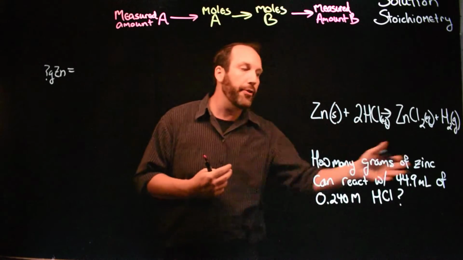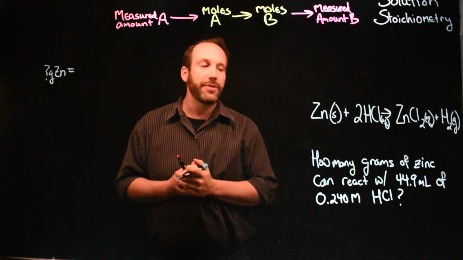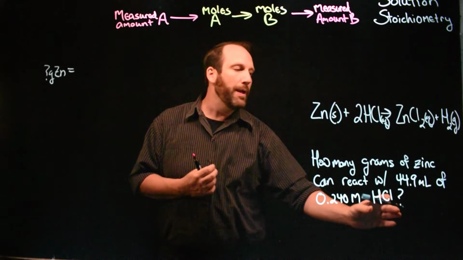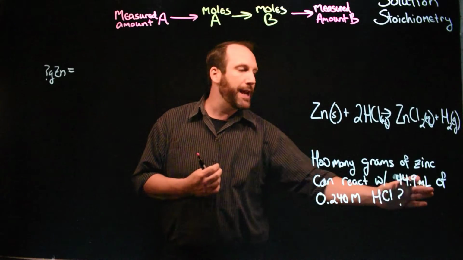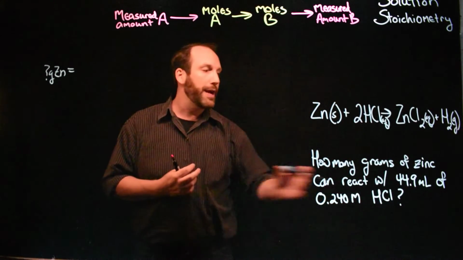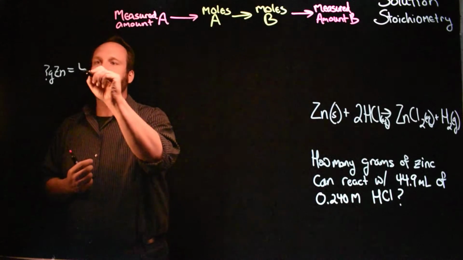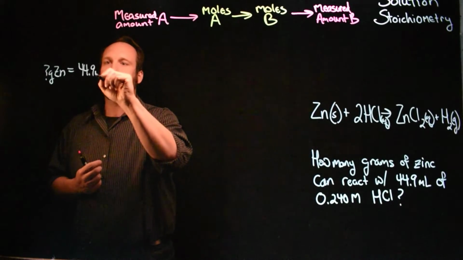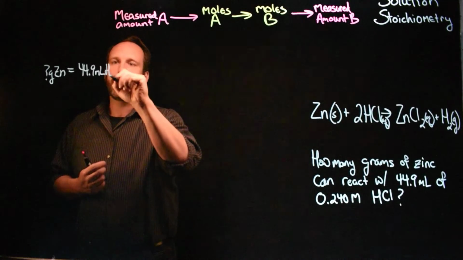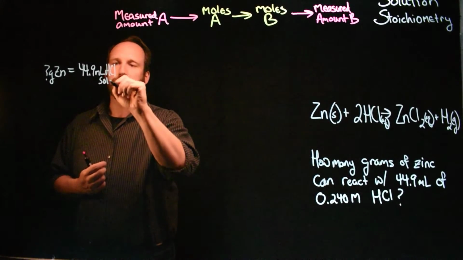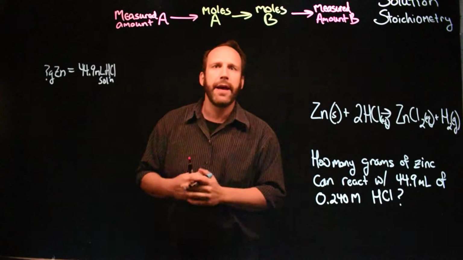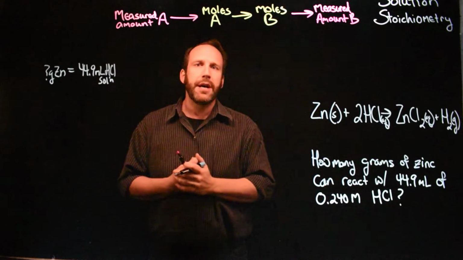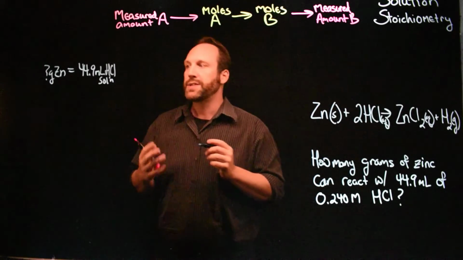Well, A is the other chemical in this problem, so it's HCl. The measured amount of HCl is a volume of HCl, right? So it's 44.9 milliliters of HCl solution. These problems always follow a similar pattern.